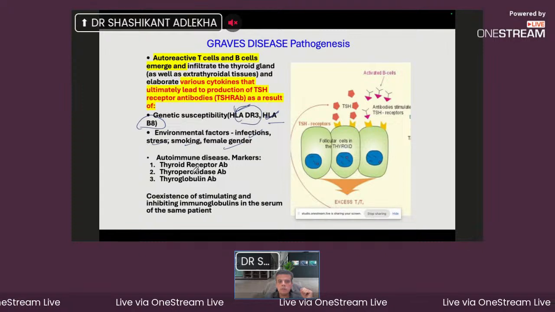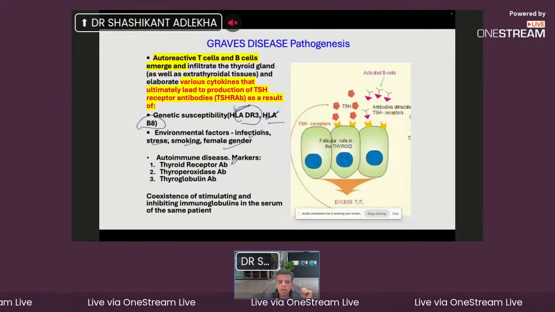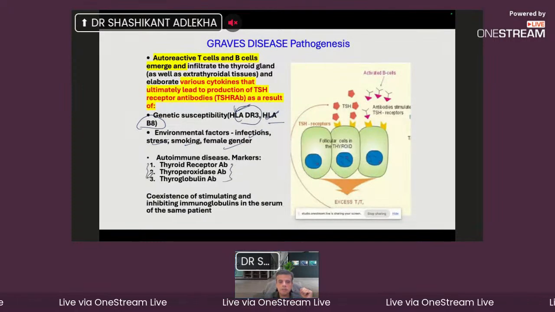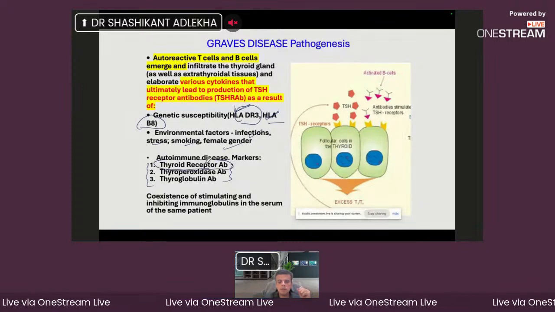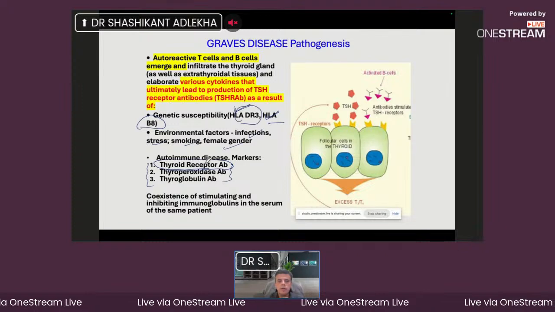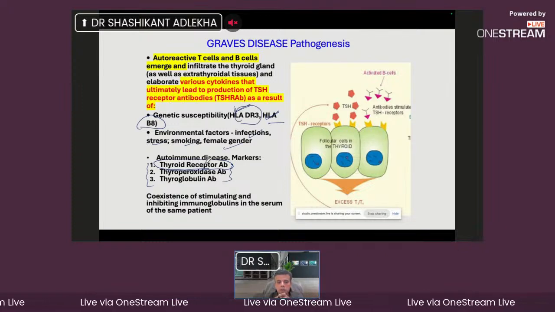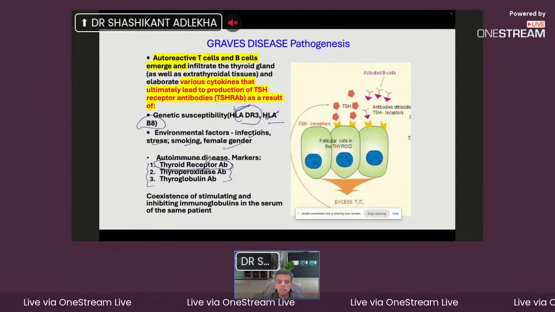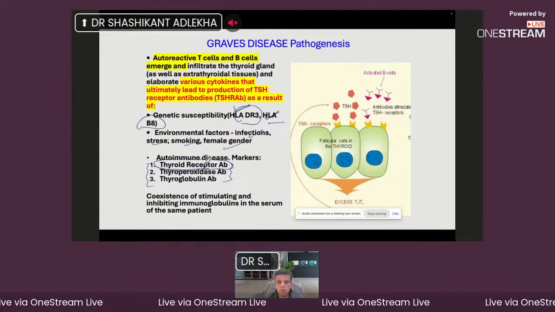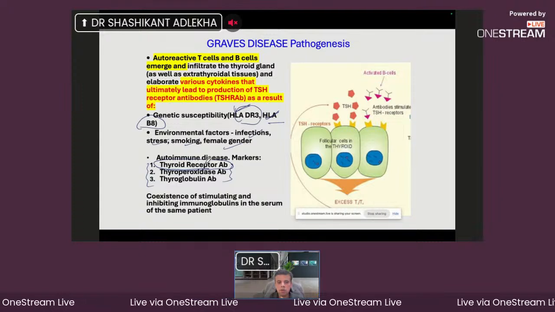Basically there is a set of antibodies. The most specific antibody is the thyroid receptor antibody. It increases the sensitivity of TSH receptors, so it augments the hormone release and thyroid hormone synthesis. That is the important feature.